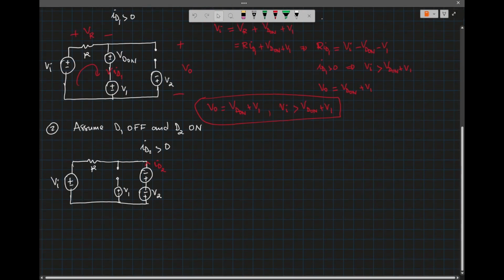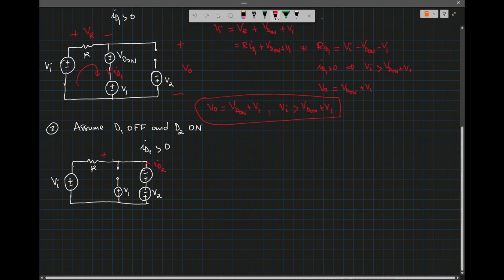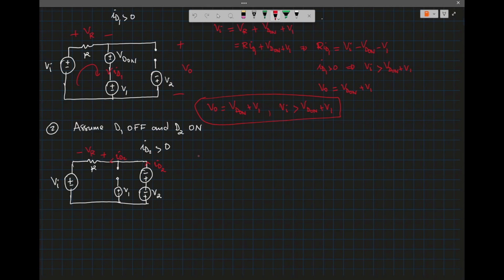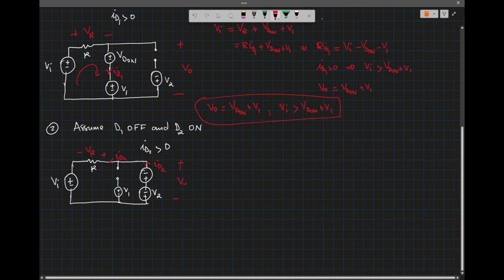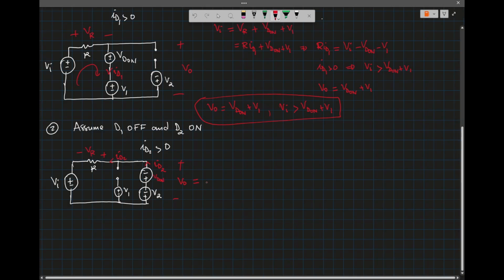So I'll still write my KVL. The current ID2 is flowing that way, so I can write VR like that. The voltage V0 is equal to negative VD on minus V2.